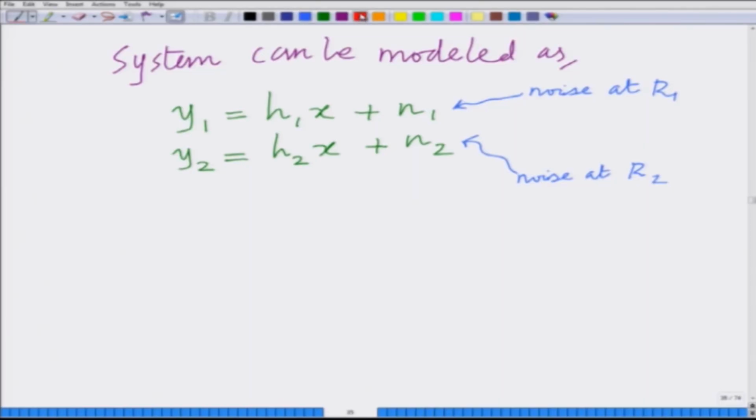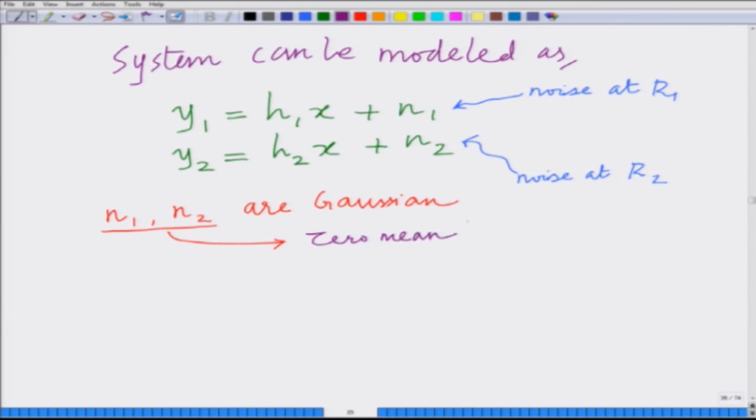Further, similar to before, we are going to assume that both N1 and N2 are Gaussian in nature, and both have 0 mean.